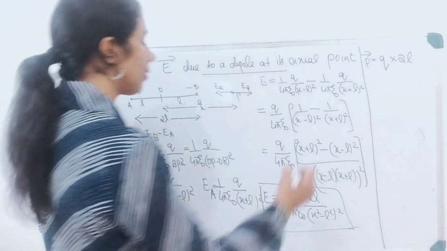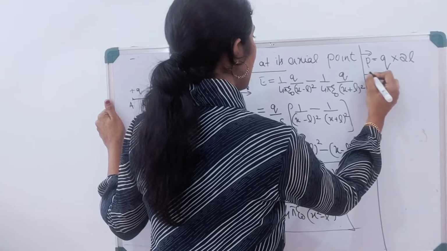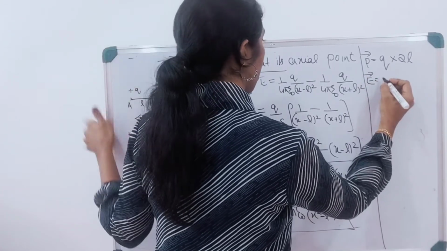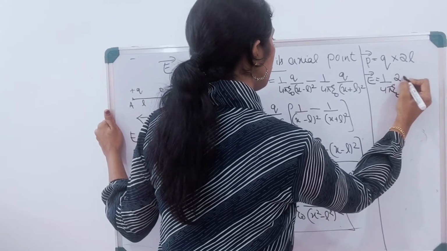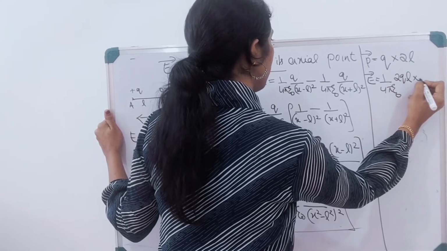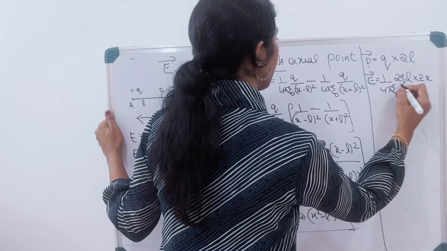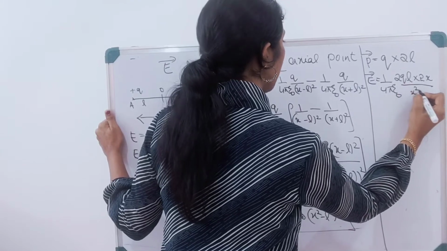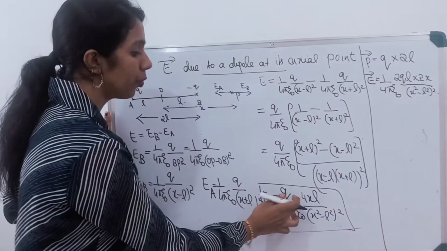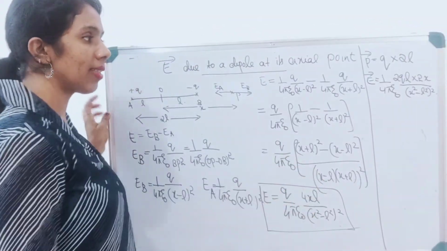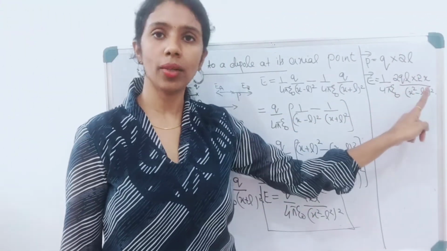We can rewrite this equation as E is equal to 1 by 4 pi epsilon 0, 2qL into 2x divided by x square minus L square the whole square, where 4qxL is replaced as 2qL into 2x.